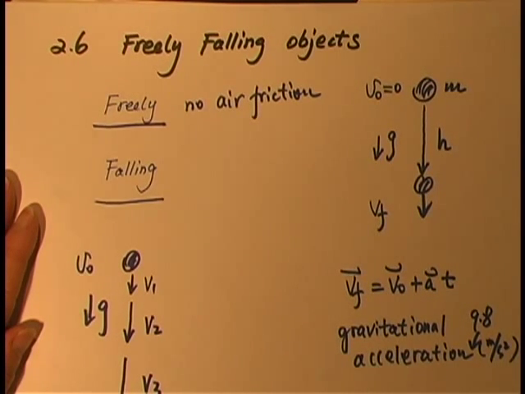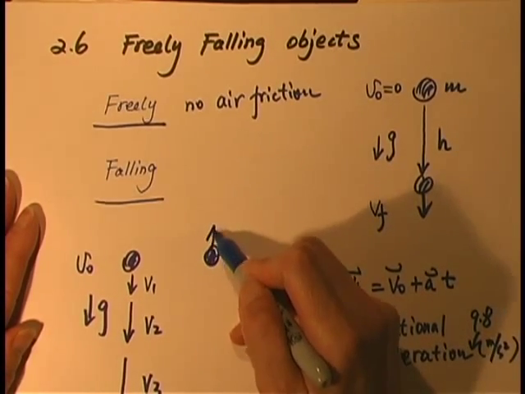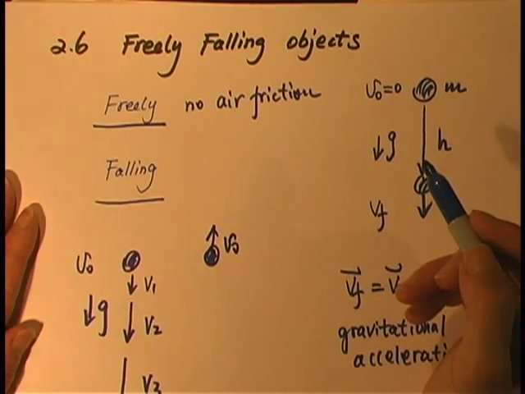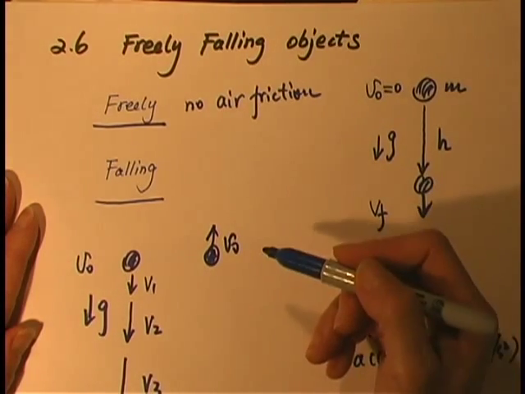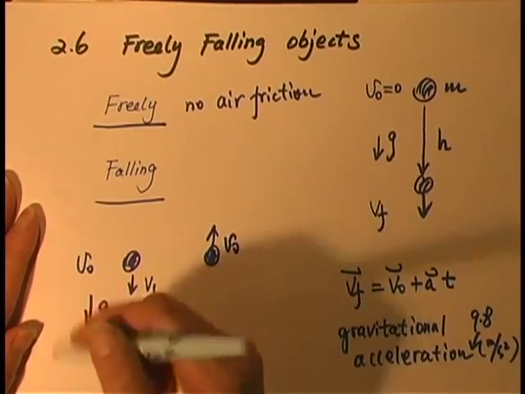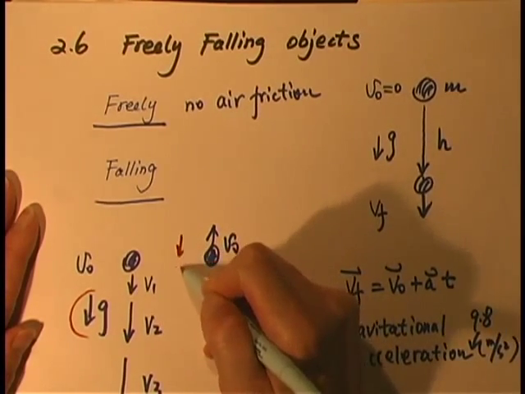It is falling, obviously. However, if I toss something up, let's say initial velocity is up, it's still falling. You know why? Because you see, this g, once the object leaves your hand, this g is there.